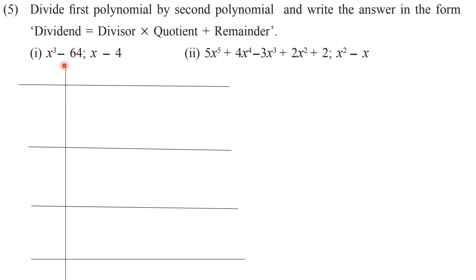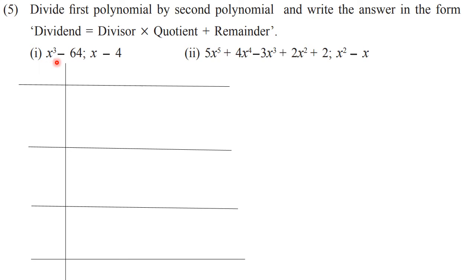That means the dividend should be written in index form. Index form means the form should contain degree plus 1 terms. Here the degree is 3, so 3 plus 1, we should have 4 terms. But here we have only 2 terms. That means 2 terms are missing here.